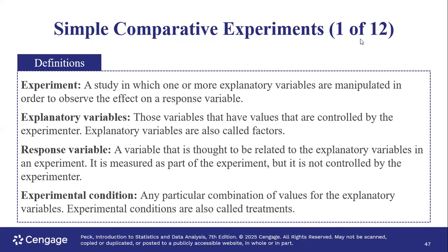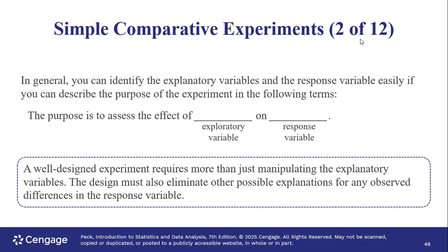Experimental conditions are also called treatments. Or in my example, I may control the level of the drug. The new drug I want to give in certain milligrams, not a whole lot. Or I may have a couple of levels of that drug, say 10 milligram and 15 milligram. Which one is more effective, the new drug?